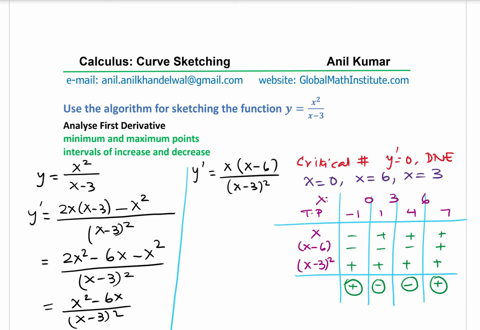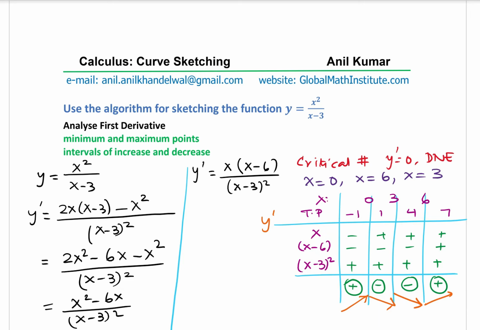So we have positive from minus infinity to 0 and negative thereafter. Now positive and negative first derivative, which is what we are analyzing. Positive means increasing interval, negative means decreasing, then again decreasing, and then increasing. So clearly, we have our local maxima and minima.